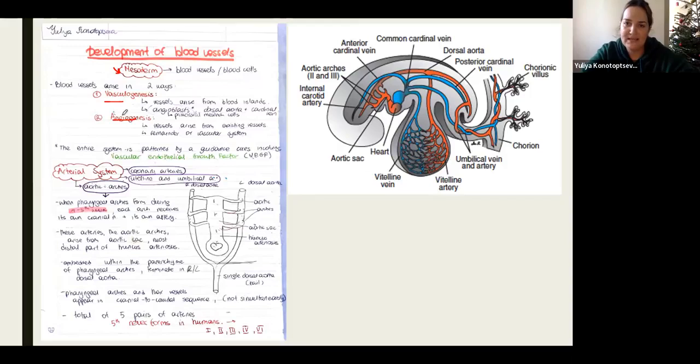In the embryo, we actually start making blood as early as day 14. Maybe you remember from our embryo 1 revision, when we made the secondary yolk sac, the outside of the secondary yolk sac was extra embryonic splanchnopleuric mesoderm.